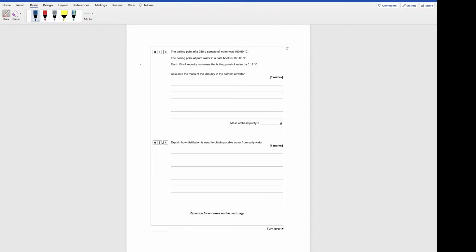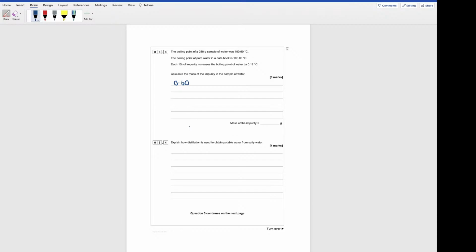So I can probably explain this a little bit better if I show you here. So the boiling point here of the sample is 0.60. That's how much higher than the original or the data value is. Now, for every 0.12 of increase, that's a 1% impurity. So I need to find out how many times it's increased by. What percentage is it increased by?